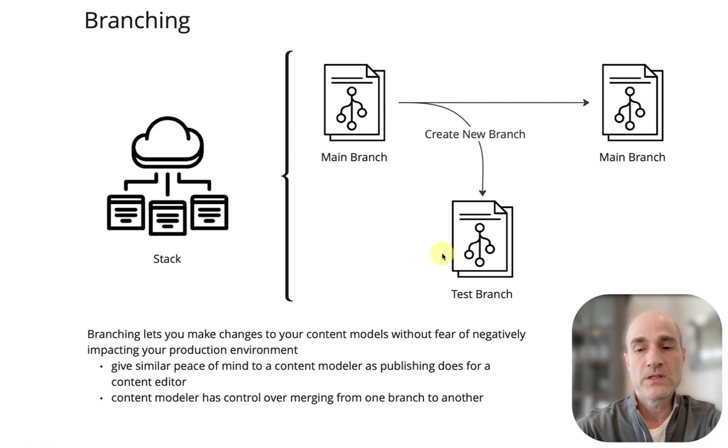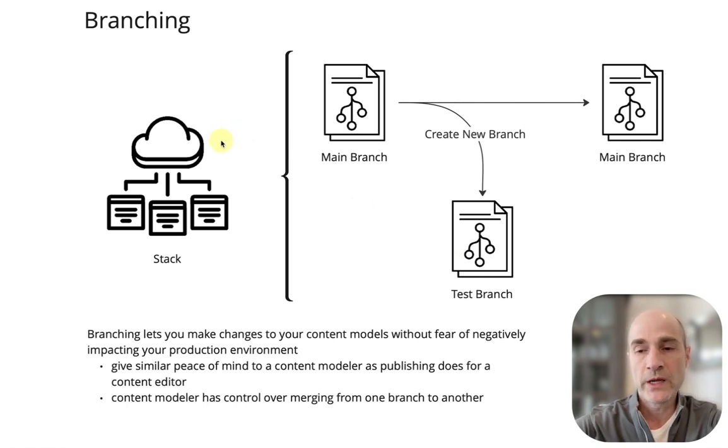The idea of this is it gives a place for a developer or perhaps a publisher, someone who's a power user of Contentstack, to try out content modeling or major breaking changes to existing models. So it's like a safe space where we can experiment against a copy of the main branch itself without worrying about interrupting the running site.